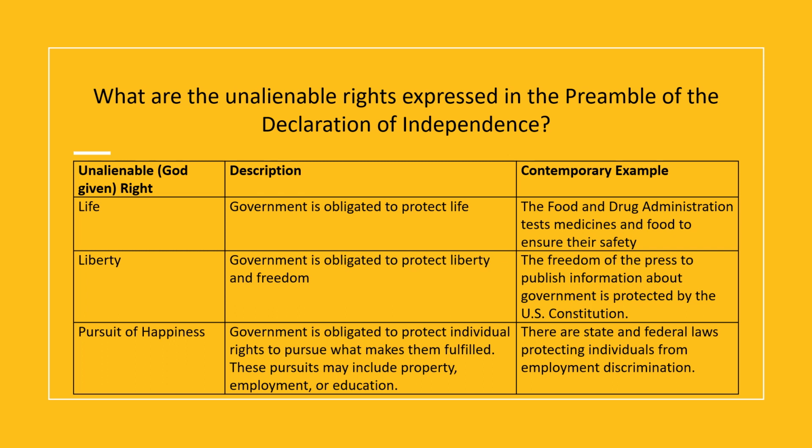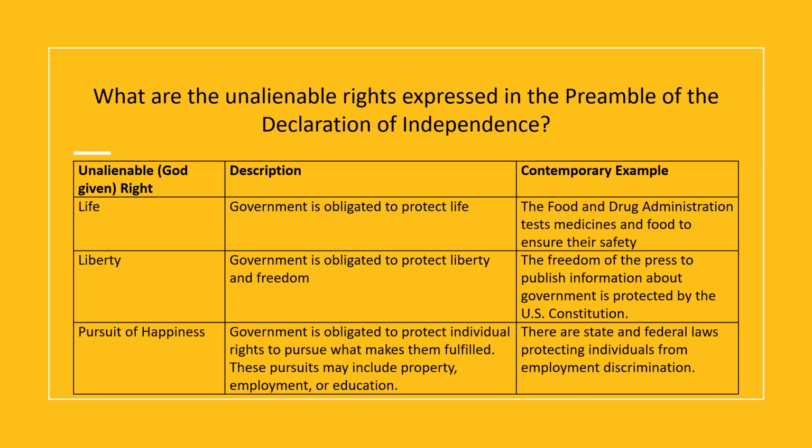That's what makes them unalienable. These rights include life, liberty, and the pursuit of happiness. So for the government to protect someone's life, that means that government has an obligation to protect life because everyone who is born has unalienable rights.